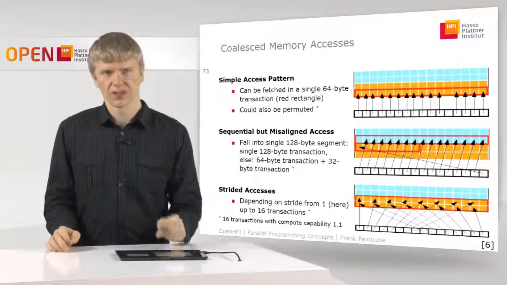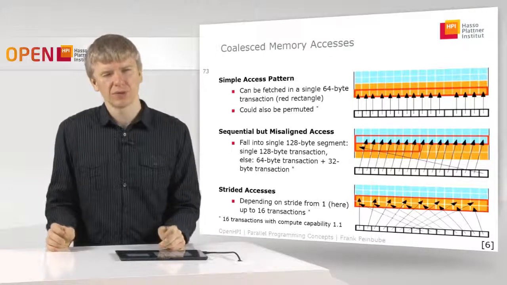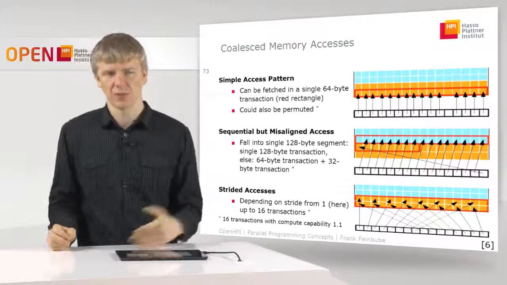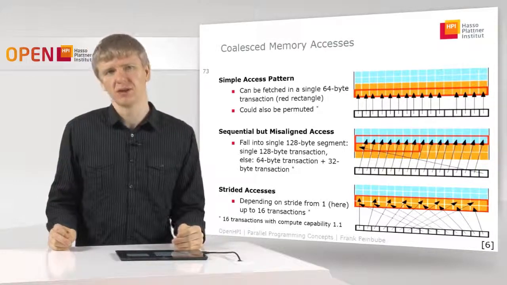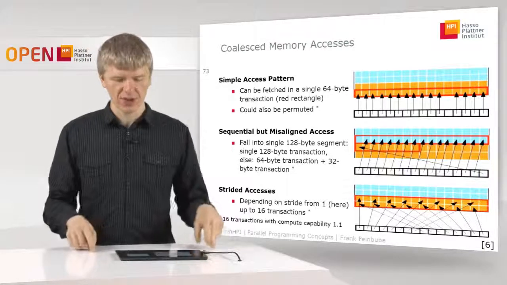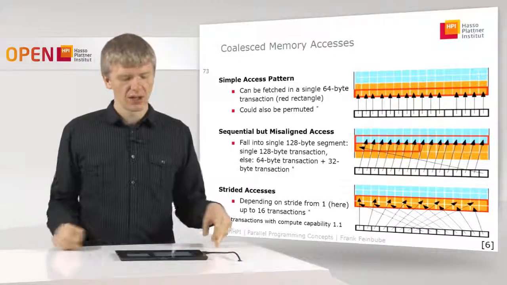This example above could be executed in one memory fetch, which is pretty cool, which is pretty fast as well. So all the threads will get their data by just one memory fetch.